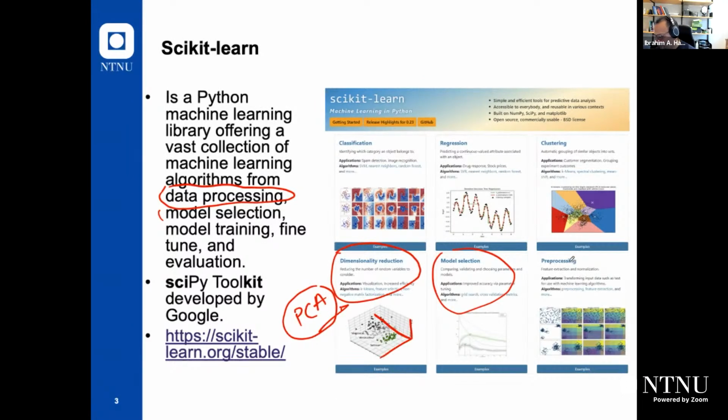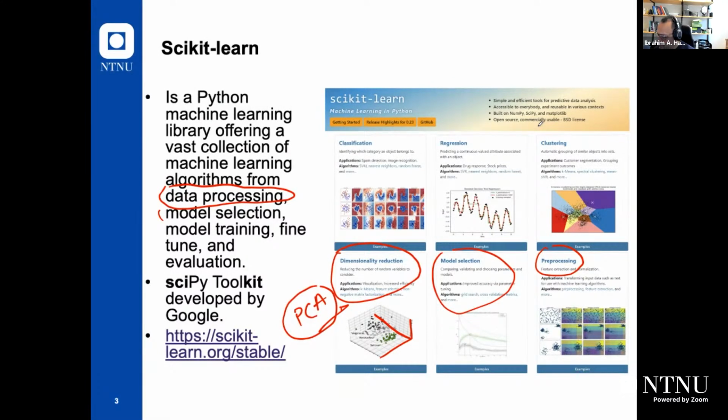Data pre-processing is very important because we can use it for feature selection and feature construction. For example, we can select features using this tool. What is the most important feature to use, for example? We can select a model, and we can use this model for classification, for regression, and for clustering.